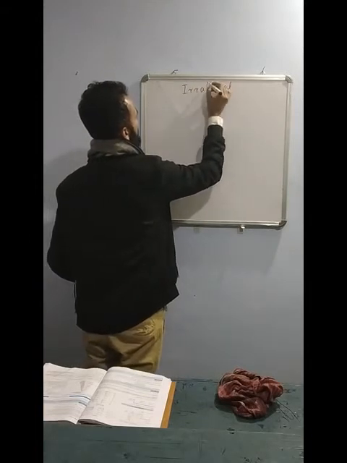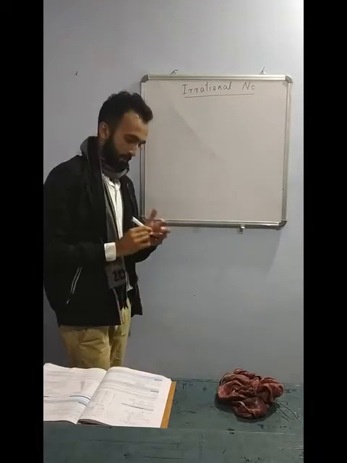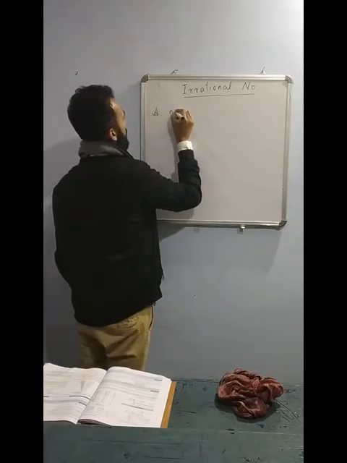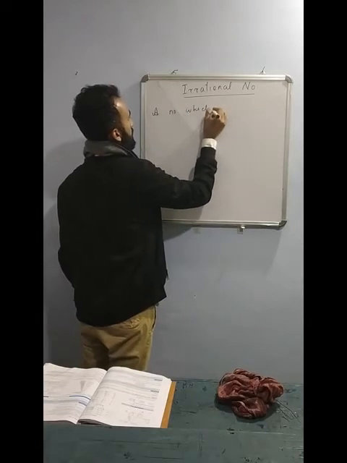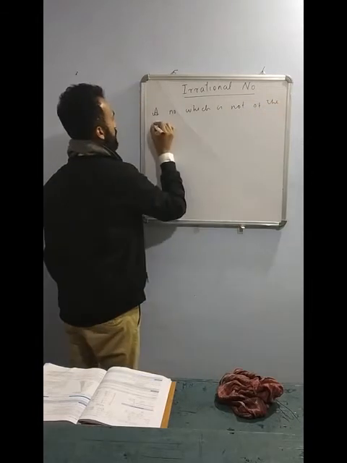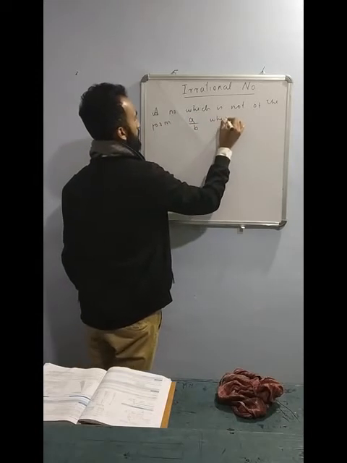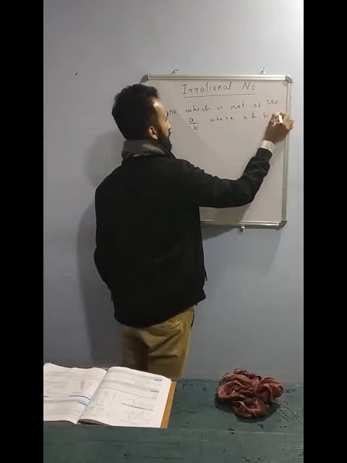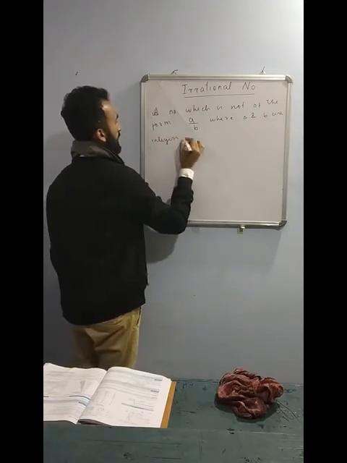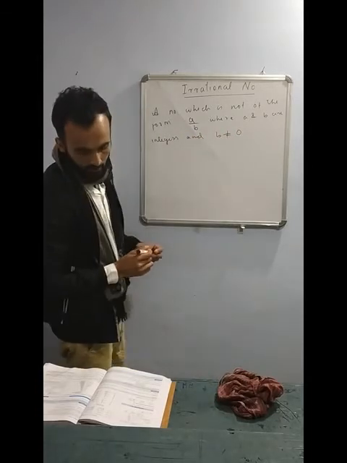What is an irrational number? Irrational number means a number which is not of the form a by b, where a and b are integers and b is not equal to 0.